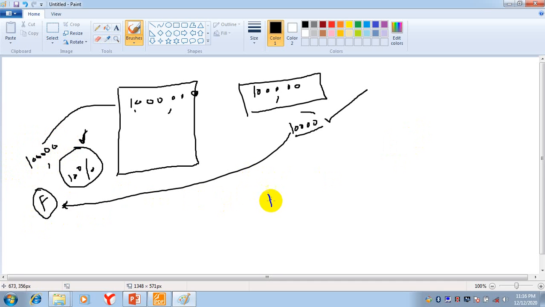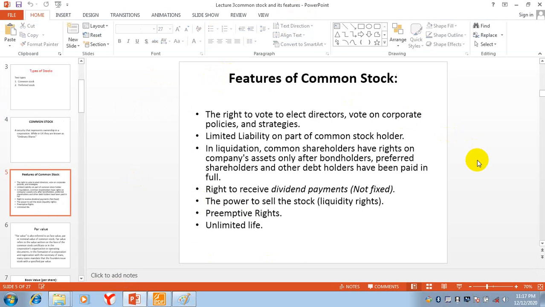F can sell it to D. D can sell it to E. So these shares will be traded in the stock exchange, but their life is unlimited. In this way, the life of this one share, or these 1 lakh shares, or these 10 lakh shares, is unlimited. And these shares will exist till the existence of the company. So these are the features of the common stock.